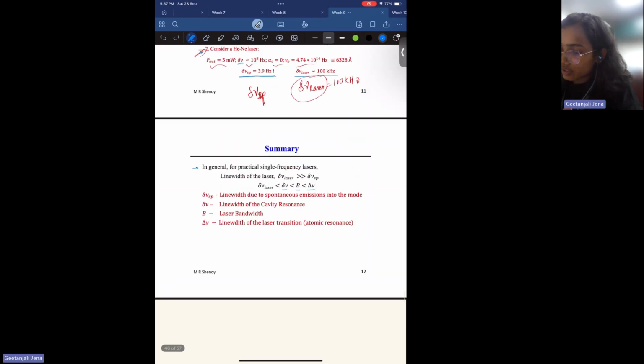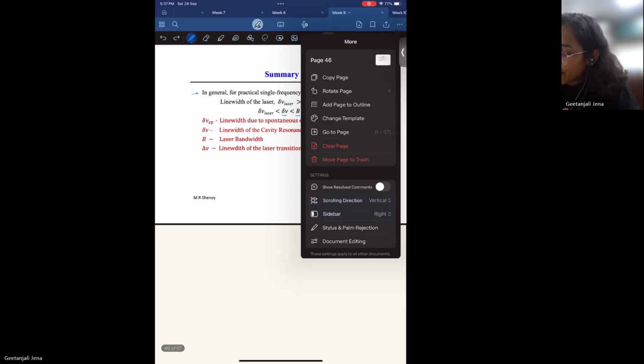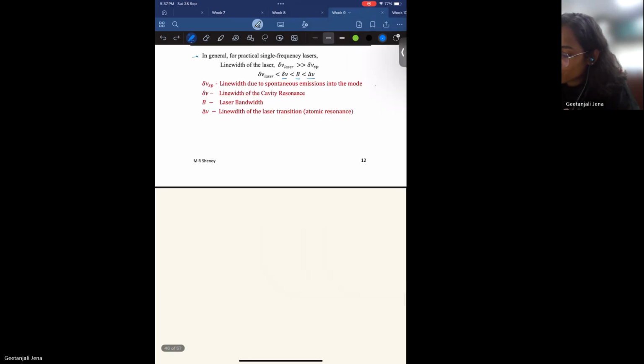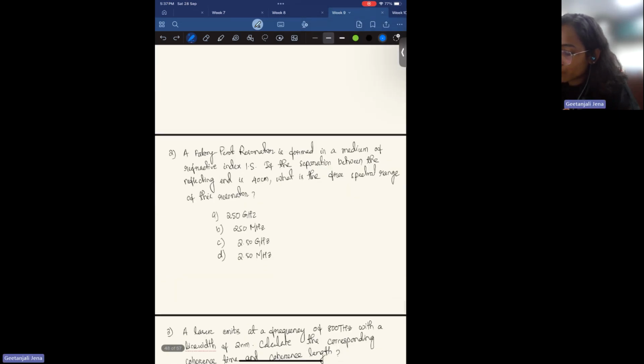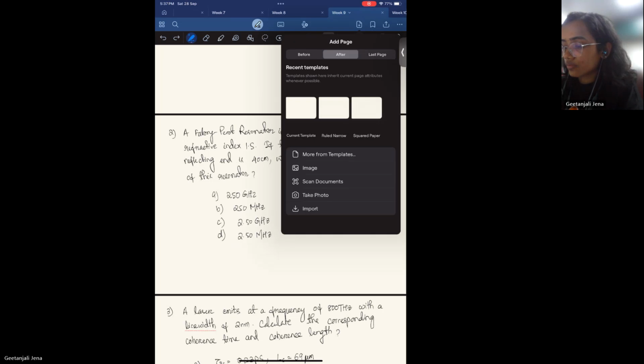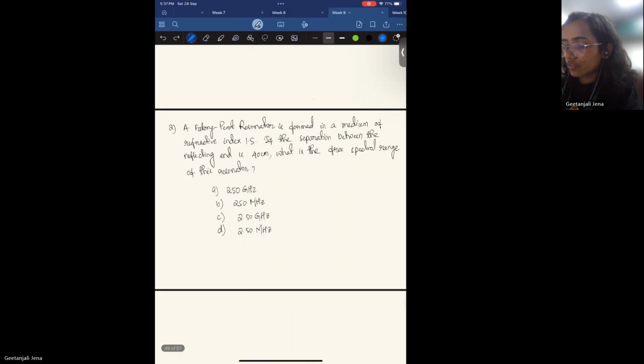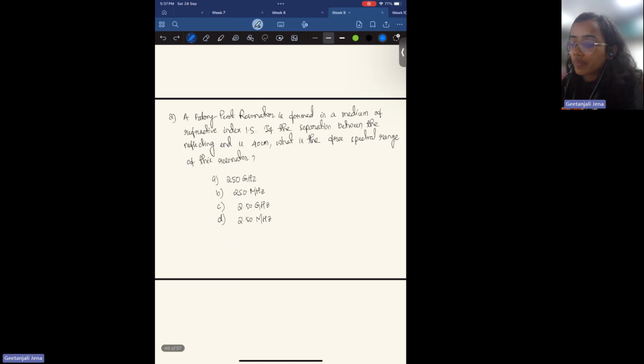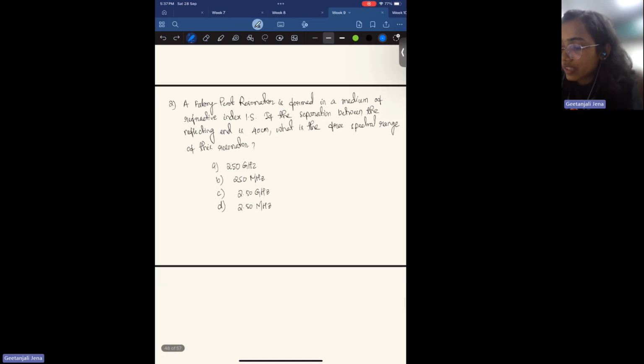Okay, the first question. So let us solve from here. The question says a Fabry-Pérot resonator is formed in a medium of refractive index 1.5, and the separation between the reflecting ends is 40 centimeter.